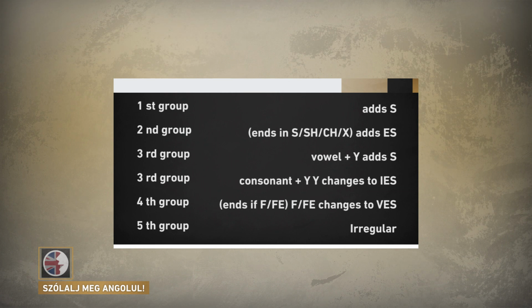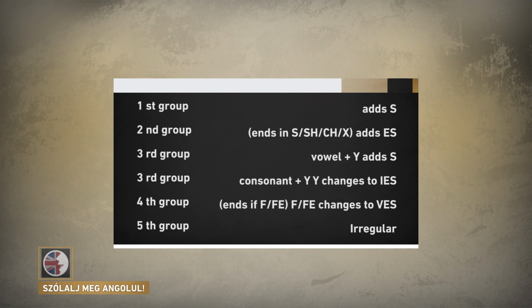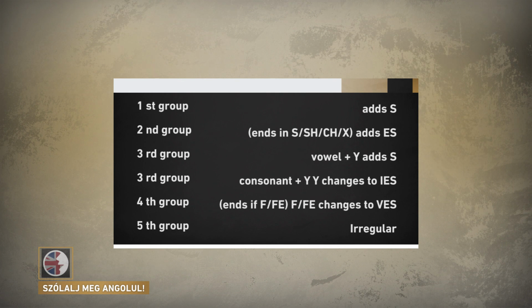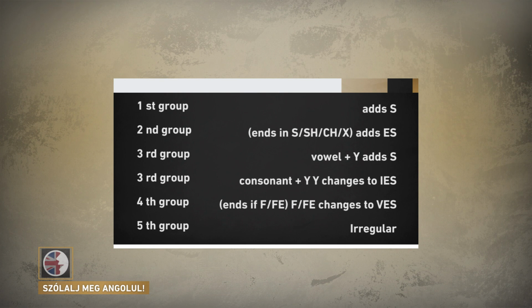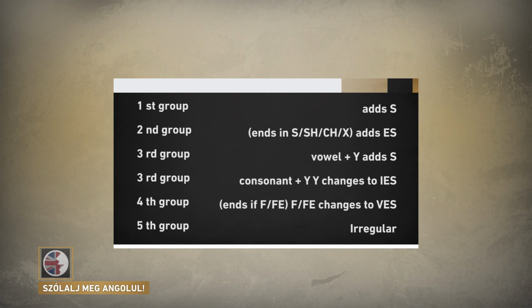These nouns end in Y. If the noun ends in vowel plus Y, we change the noun from singular to plural by adding S. If the noun ends in consonant plus Y, we change the noun from singular to plural by replacing the Y with IES. Group 4.